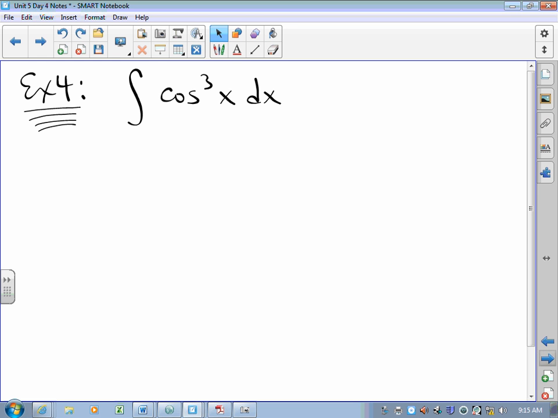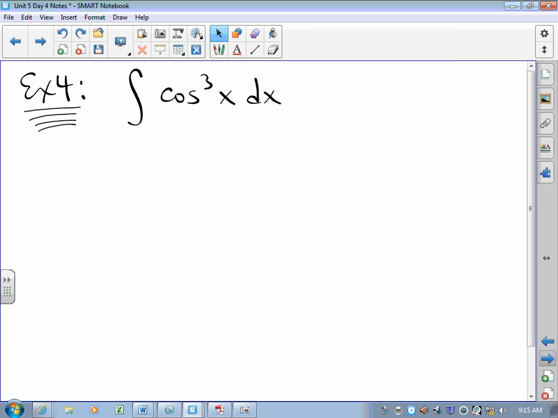See, I don't have anything in here that's the derivative of something else in here. Like, if I thought that cosine x would be the u, then the du would be negative sine x, and that's just not there. I'd love for there to be a sine x in the problem, because the derivative of sine x is cosine x.